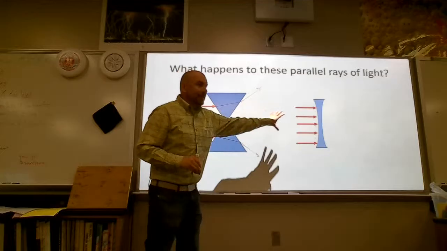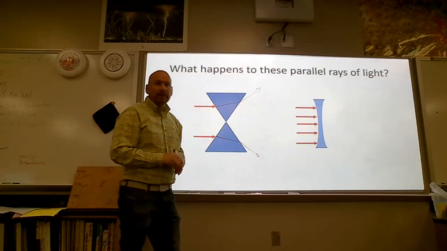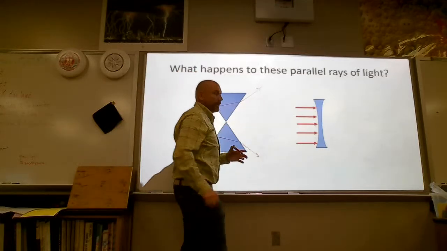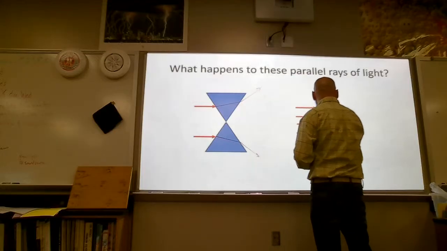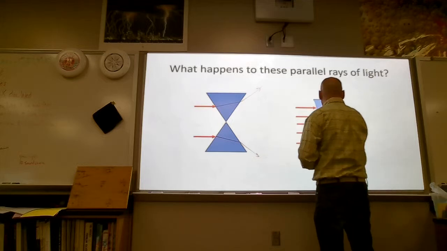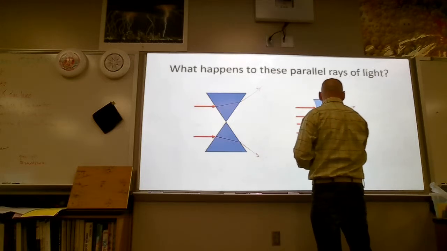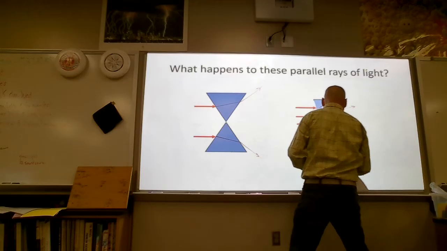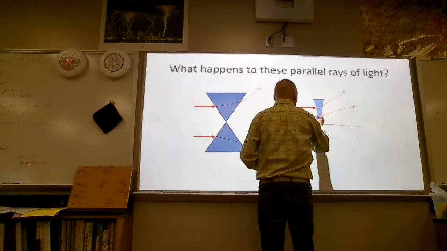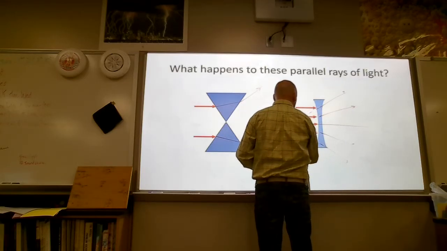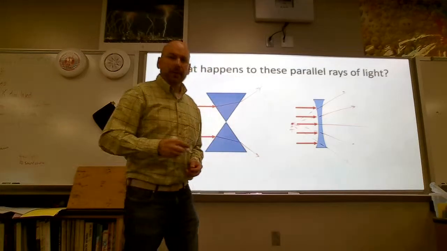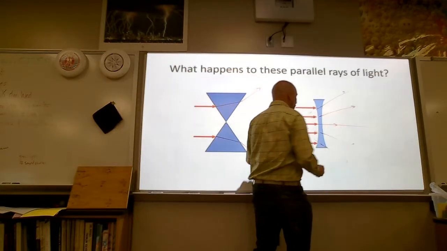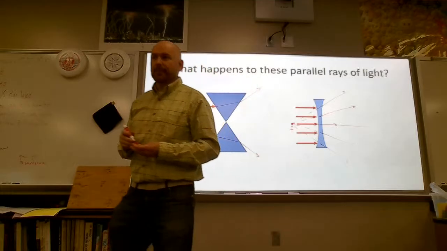Divergent lens, you see the similarities here. Fat on the end, skinny in the middle. So this is gonna make the rays diverge as if they're coming from a focal point, rather than going towards it, diverging away from the focal point.